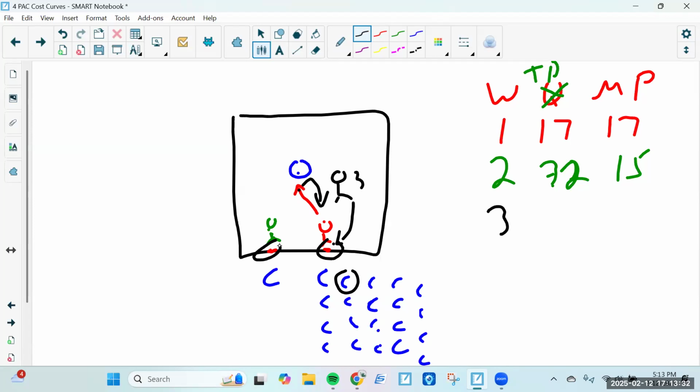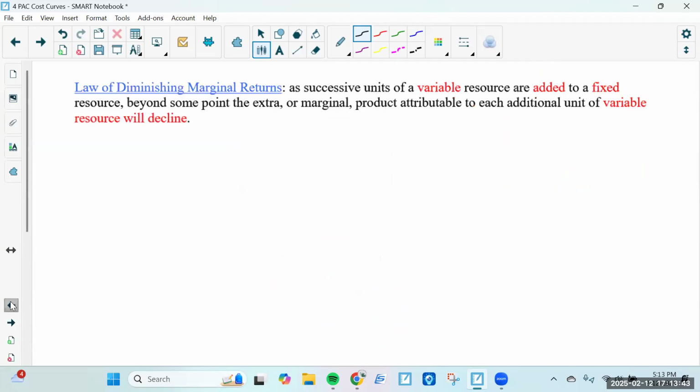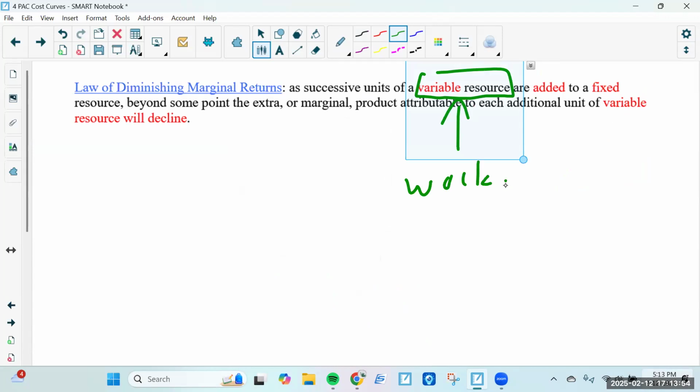And so what's going to happen is that third worker might only add, say, 11 additional ice creams. So our total product then goes up to 43. This is called the law of diminishing marginal returns. And what's going on is we're adding units of a variable resource. And in this case, the variable resource that I'm talking about is the workers, to a fixed resource.